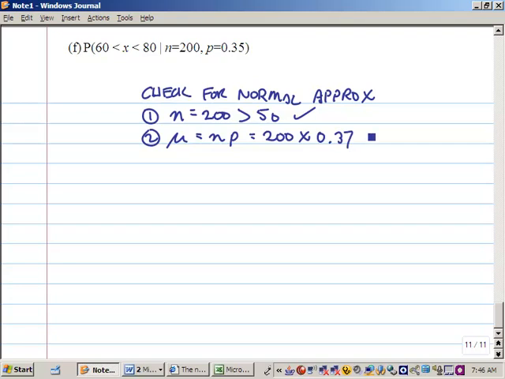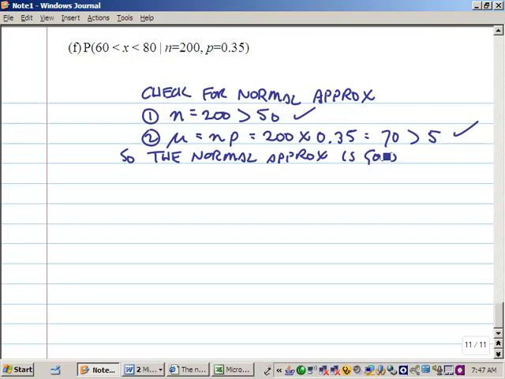Oops, jumping the gun on the answer here. I believe the answer to that will be 70, which is greater than 5, so that's good. Alright, so the normal approximation is good, and so we can go ahead with this problem.